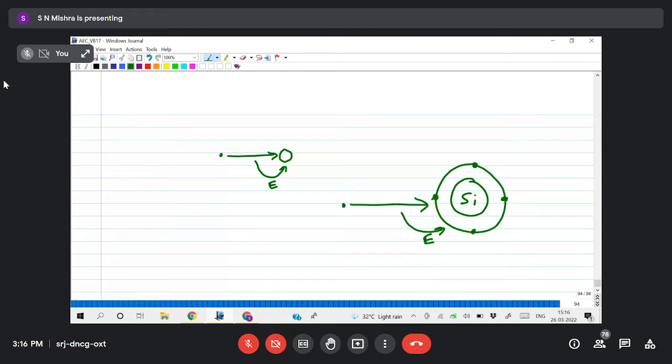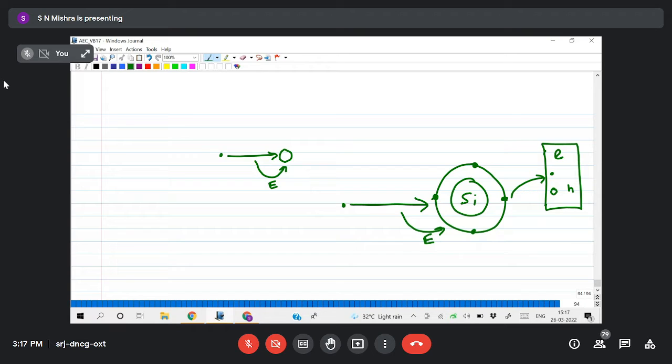That means this energy is captured by this electron, and this electron will go out of this atomic structure. So I'll get a free electron as well as the vacancy which is created. I'll get one hole, or in other terms, one electron hole pair generated due to this collision. Yes or no?